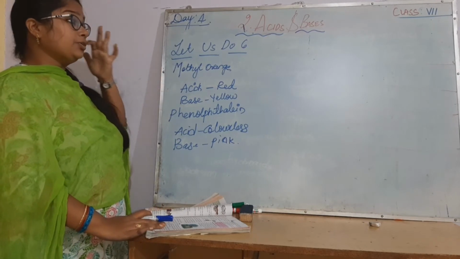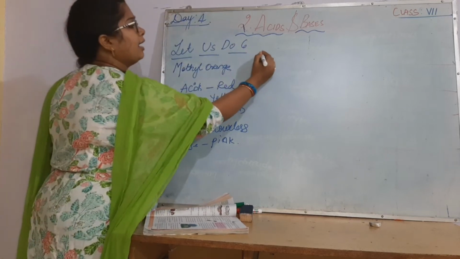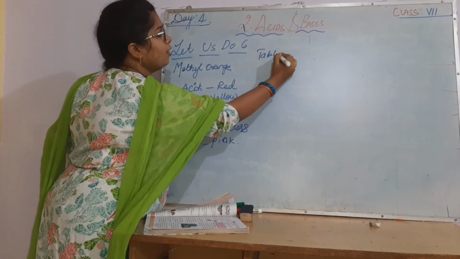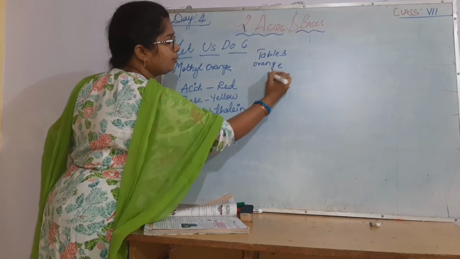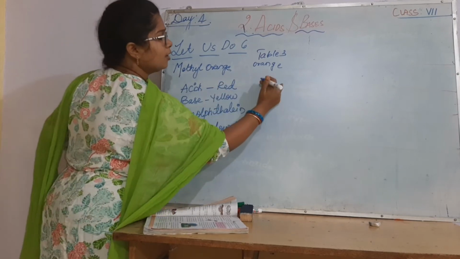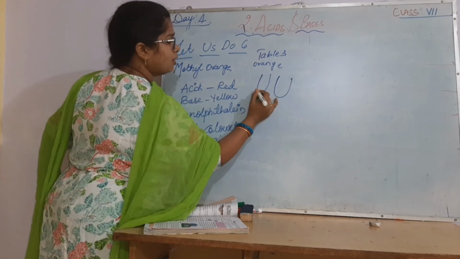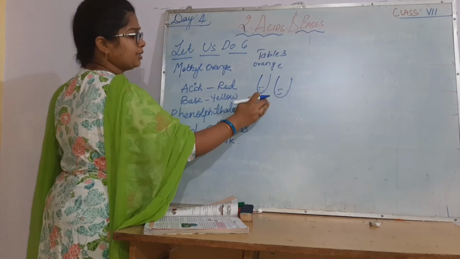I asked you to do this with table 3, to take all the substances. Let's say orange juice. You take it in two test tubes. In one test tube there is orange juice, and in the other also orange juice.